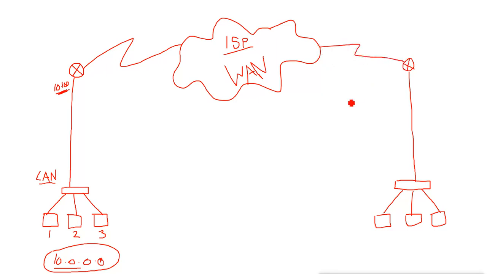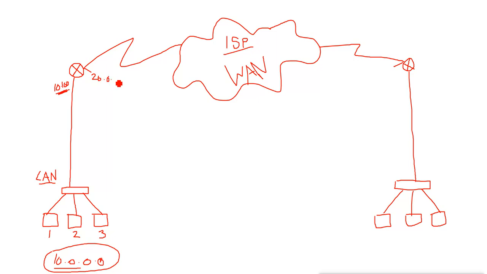Now the ISP will give us IP addresses which can communicate between this interface and that interface. So they will give the same network IP here. Let's say, for example, here they give 20.0.0.1. I'm giving just an example.